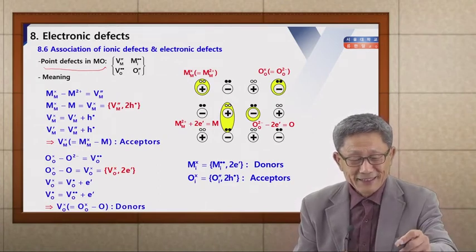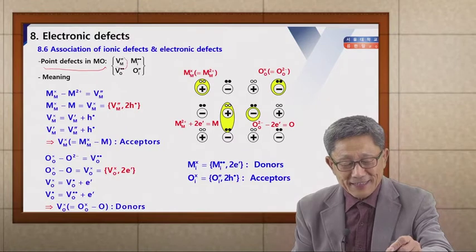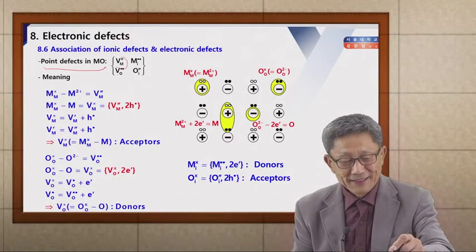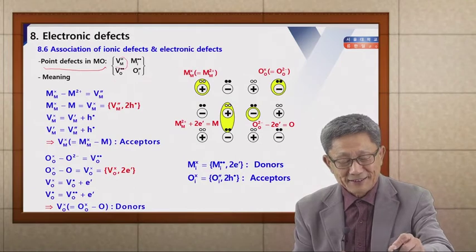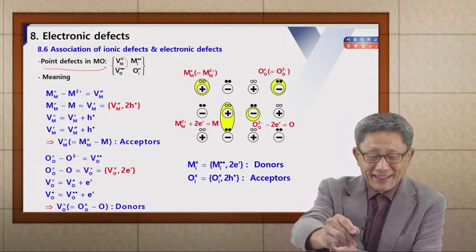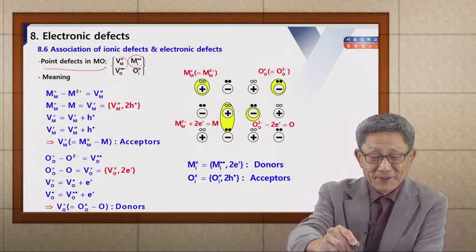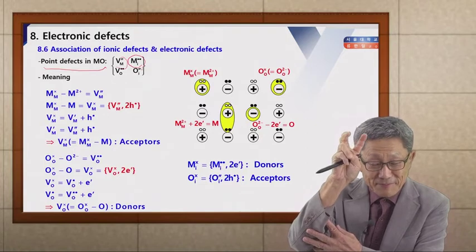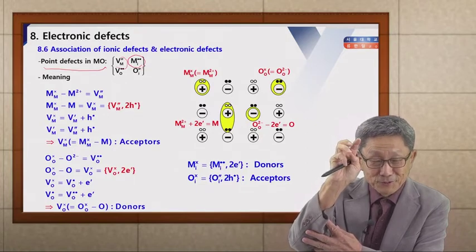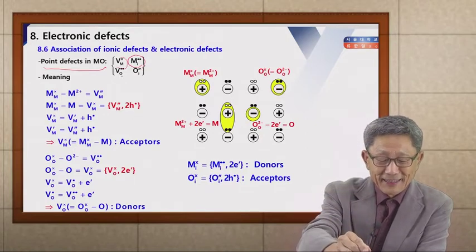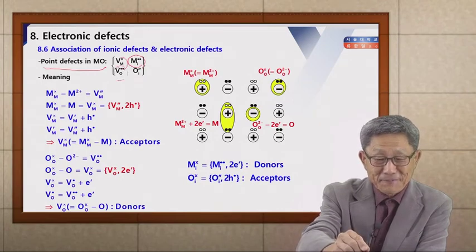We learned the metal vacancy. This is the divalent oxide, so a missing cation, therefore its effective charge is -2. And the interstitial metal, which is effectively positively charged by 2 units. And the missing oxygen ion, therefore its effective charge is +2.